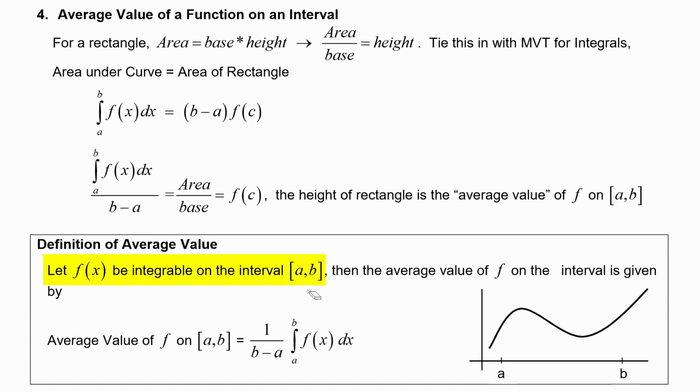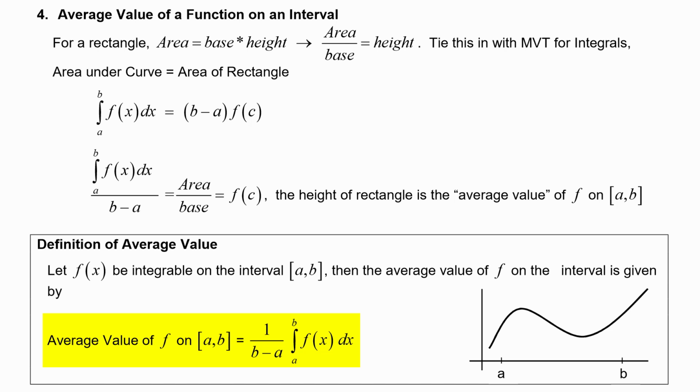Let f of x be integrable on the interval a to b. Now remember that means the integral from a to b of f of x dx exists. Then the average value of f on that interval is given by this expression, 1 over b minus a times the integral from a to b of f of x dx.